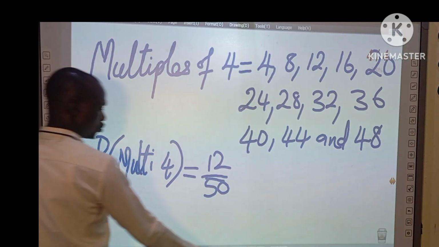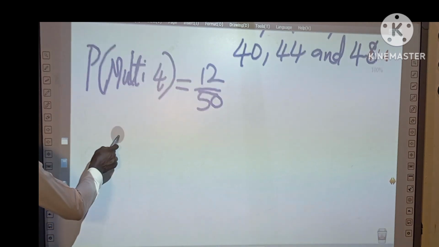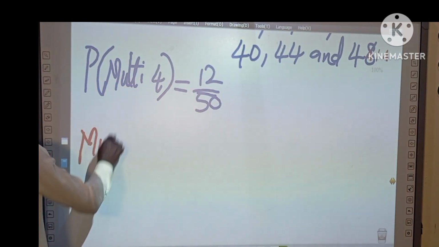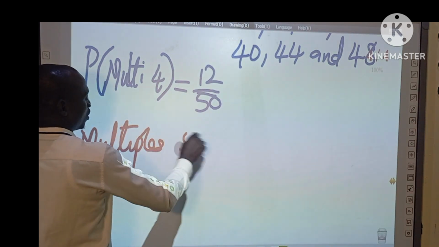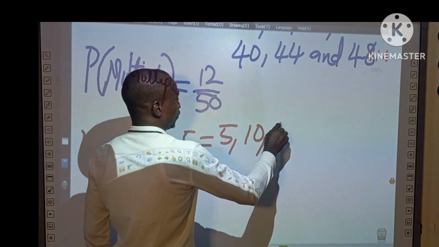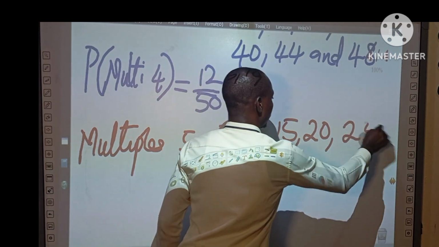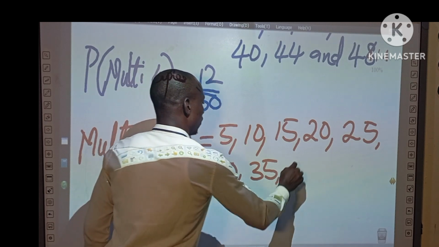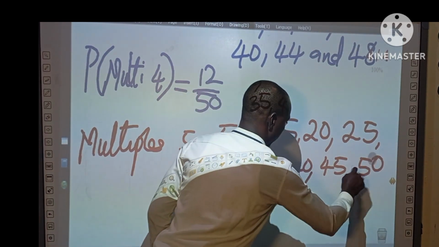Now let's do the same for multiples of 5. Multiples of 5 between 1 to 50 are 5, 10, 15, 20, 25, 30, 35, 40, 45, and 50.